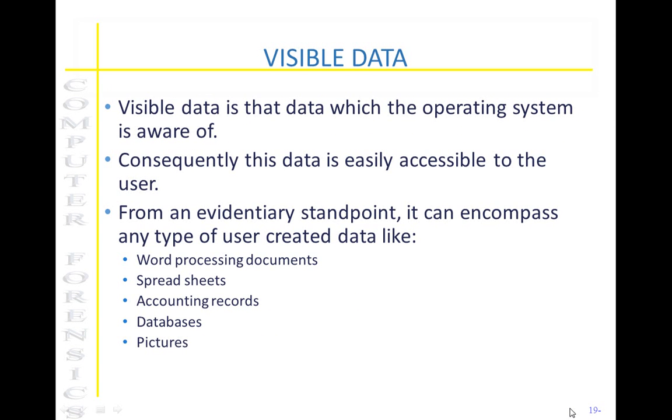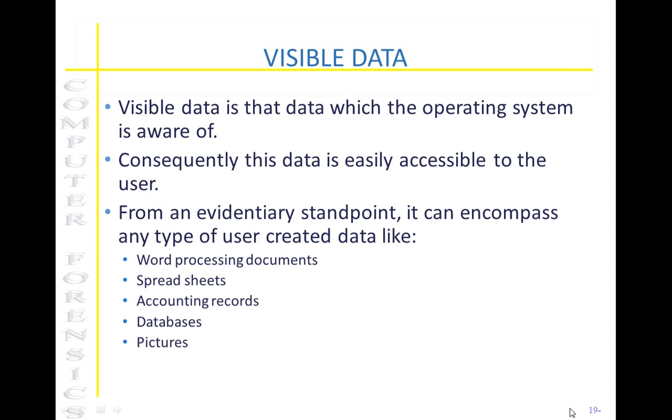Visible data is data which the operating system is aware of. So this is going to be data that's going to be very easily accessible to the forensic scientist. It can encompass things that the user actually created, and it's still saved on that hard drive.